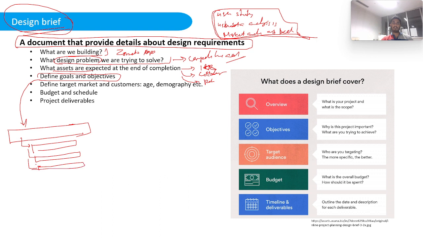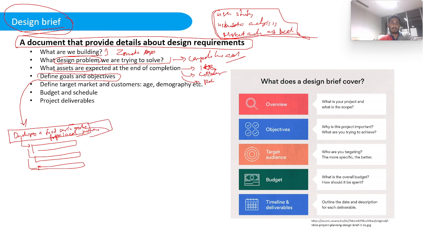For example, a goal can be developing a food service application for local houses or women.